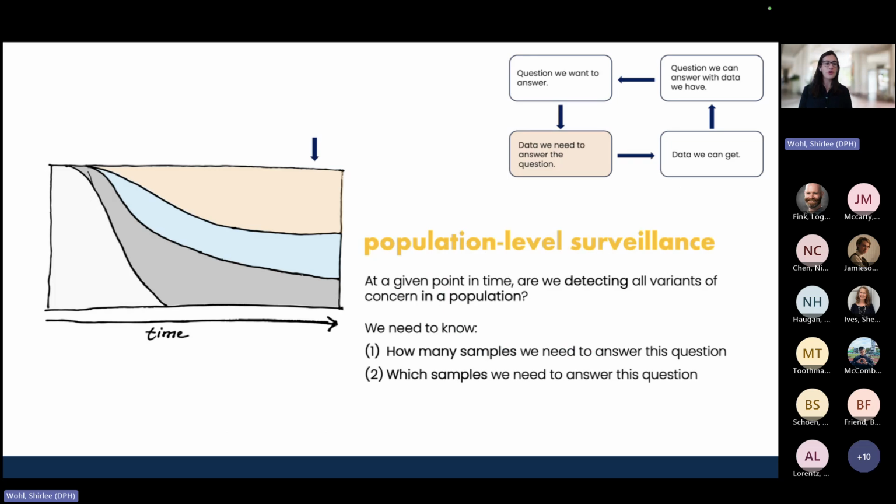So just a couple more notes on this population level surveillance question before I switch to the other individual question. I just want to admit that I really only talked about the first part of the question, which is the how many samples we need question. And I didn't talk about the which samples question. And that's because it's a lot harder of a question.